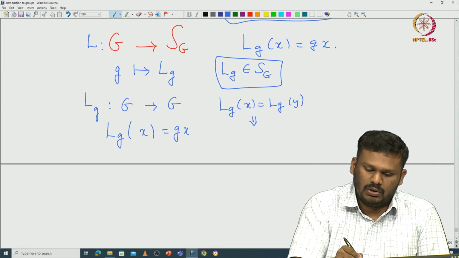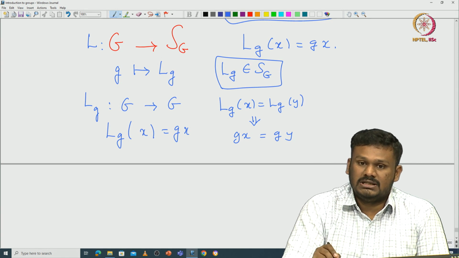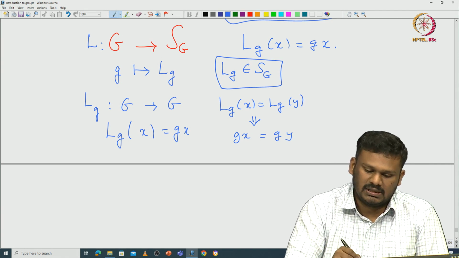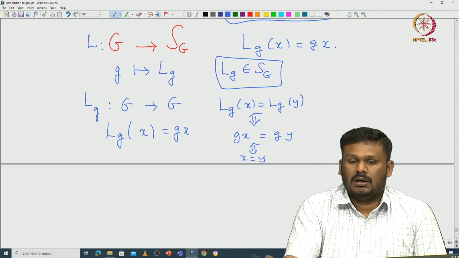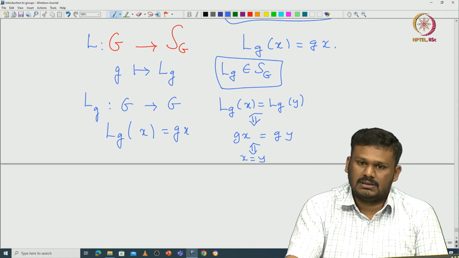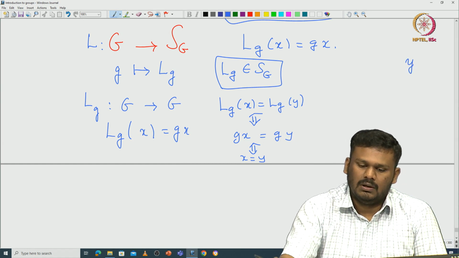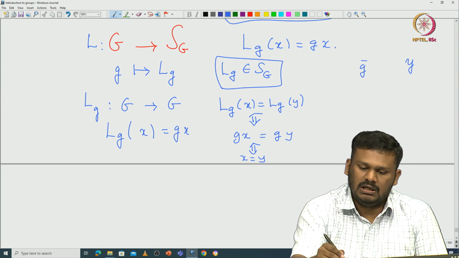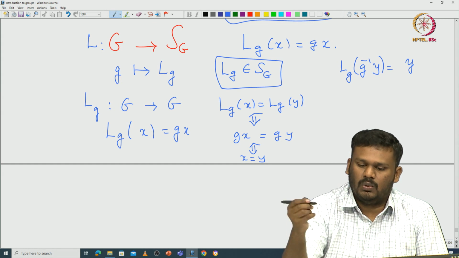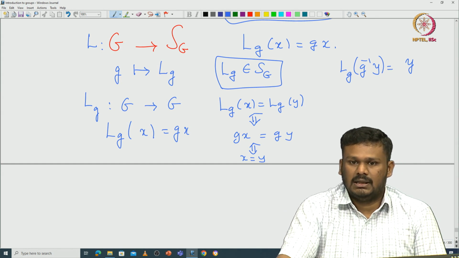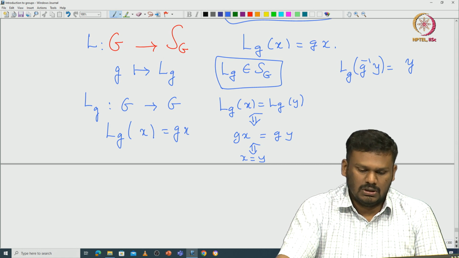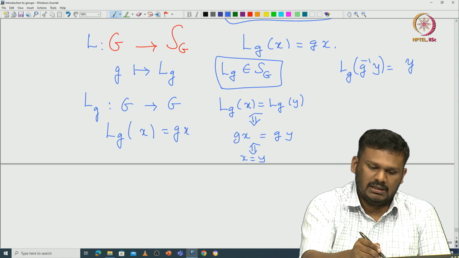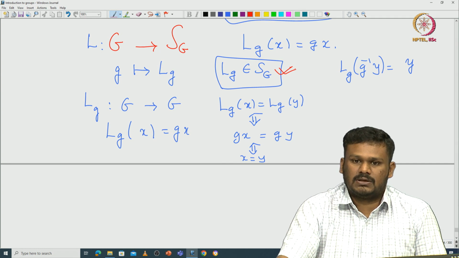Then that implies Gx equals Gy, but by multiplying G inverse on both sides, you can see that this implies x equals y. So, indeed LG is injective, that is obvious. Now, given y, you can take G inverse y, and then LG of G inverse y is going to be y. So, that proves that it is indeed surjective. That means LG is indeed inside your symmetric group SG.